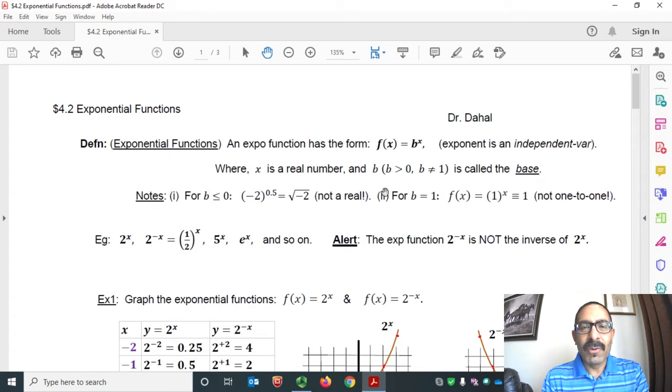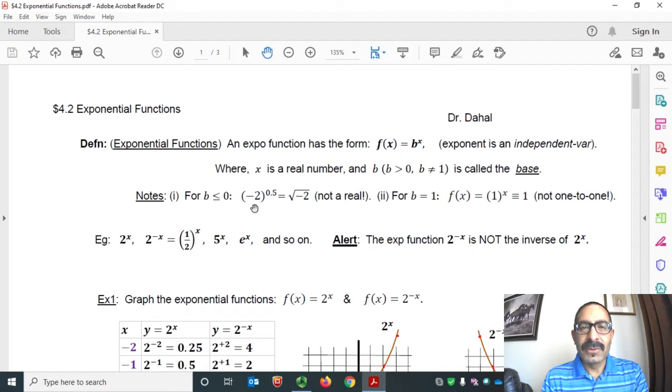the reasoning why we need b strictly greater than 0 and not equal to 1. Let's suppose b is negative. Here I assume b equals negative 2 and let's say x is 0.5, that means 1/2.